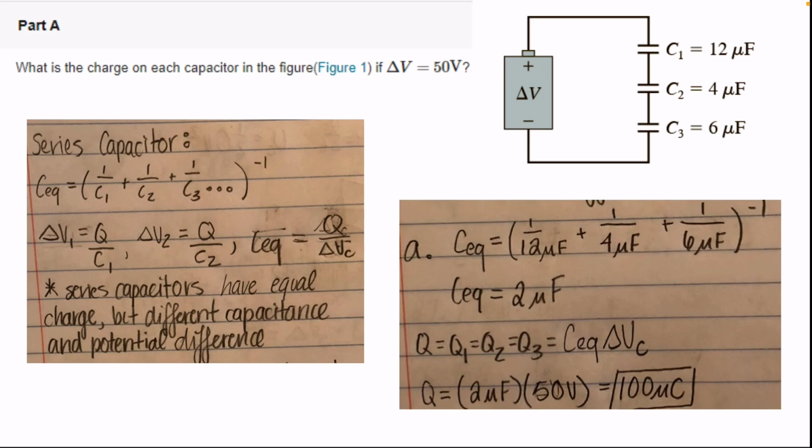It's going to be the same. So that overarching charge, once you multiply the 2 microfarads by the full 50 volt potential difference the problem gives us, we get that each of those capacitors is charged to 100 microcoulombs.